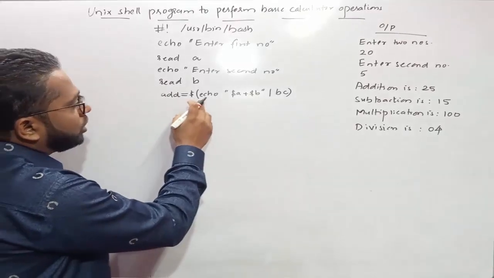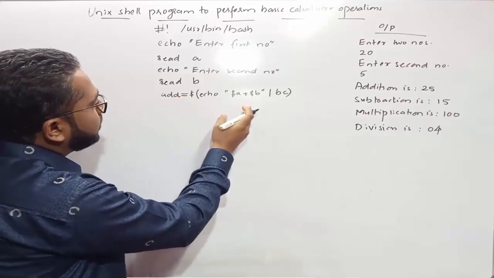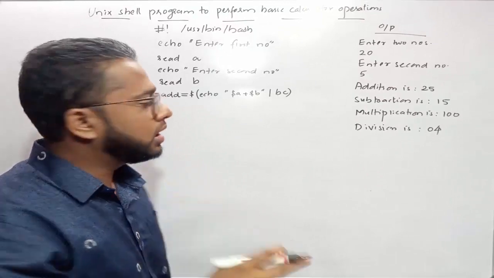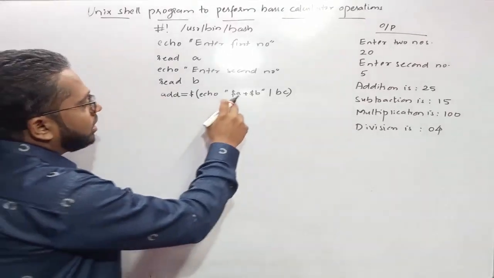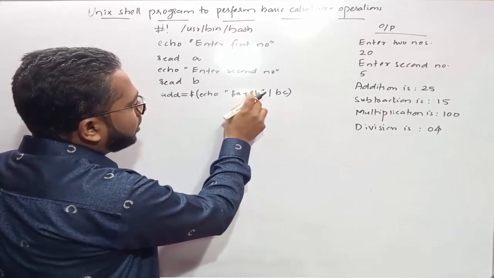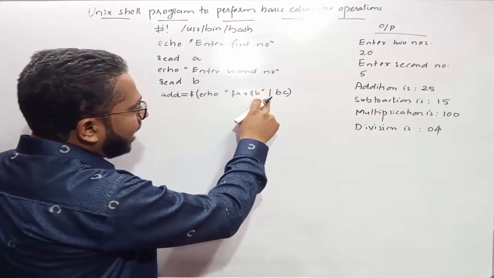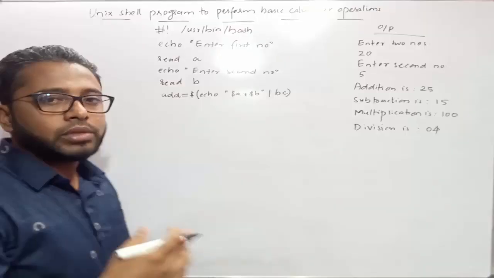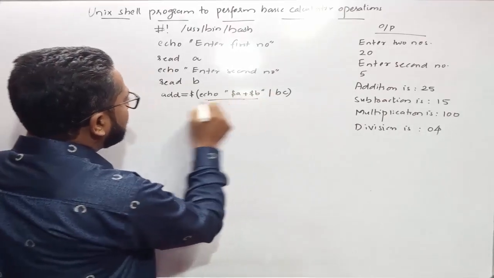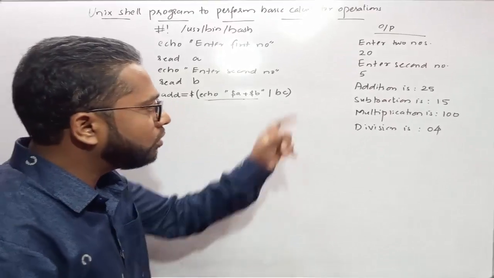But if you are using the variables on the right side of the assignment operator, then you must prefix those variables with the dollar symbol. Now this expression gets evaluated and the output gets transferred to bc with the help of this pipe symbol, and then the basic calculator performs the operation and returns the output of this expression to the add variable. Okay, now the add variable holds the value 25.